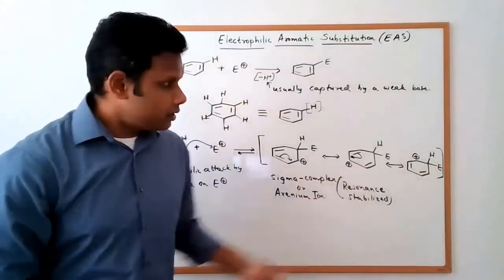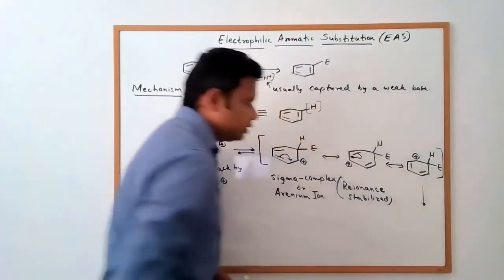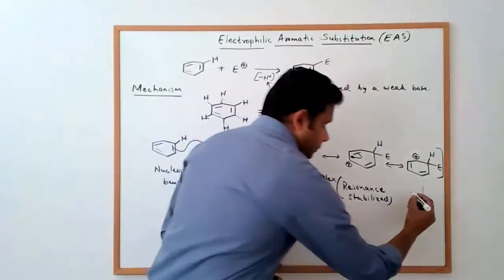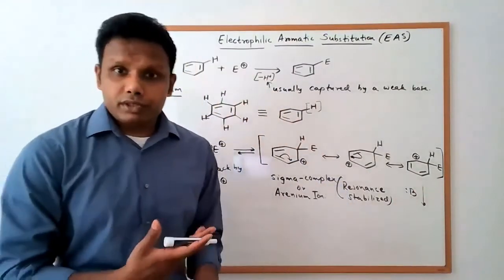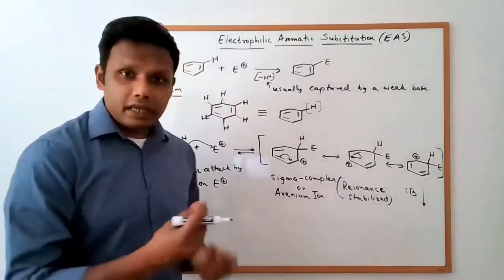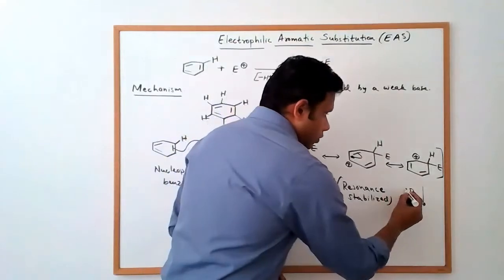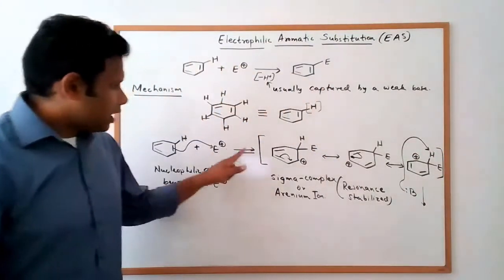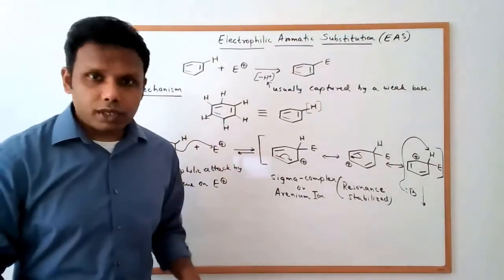And in the end, what is possible is that a weak base which is in the system, and it could be any base, sometimes it could just be the solvent that we are using, but any weak base that is in this system can go and deprotonate this hydrogen. And so that's the hydrogen that we had drawn out initially on the benzene ring.